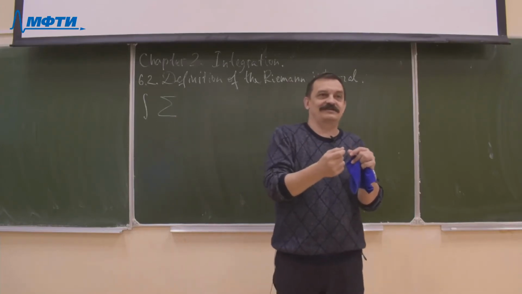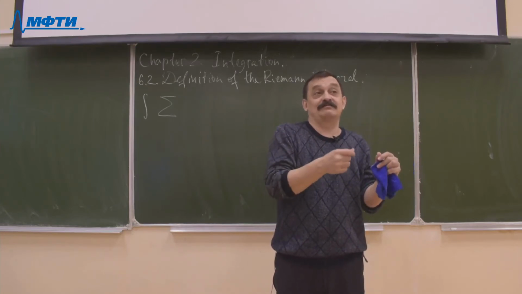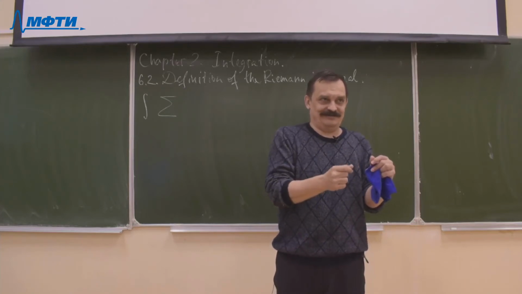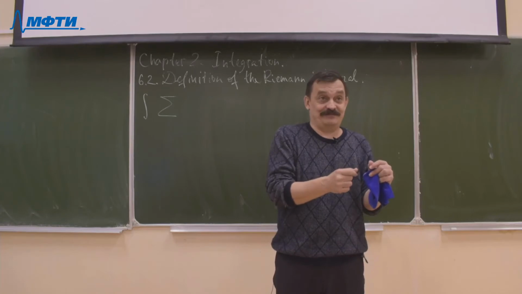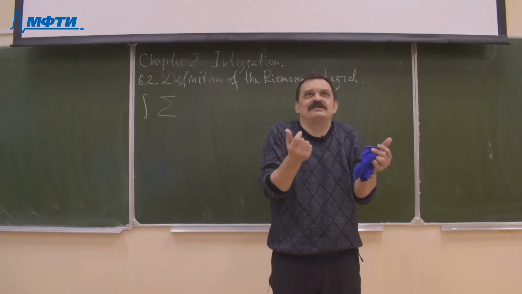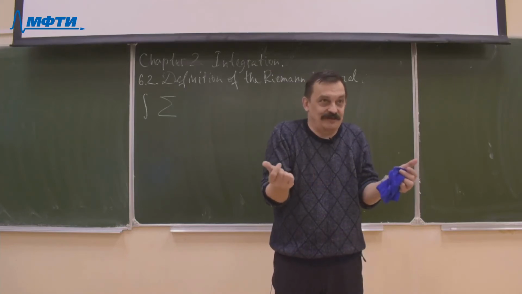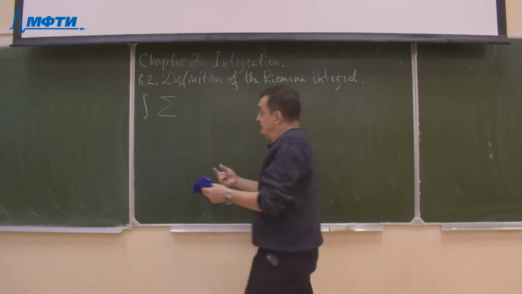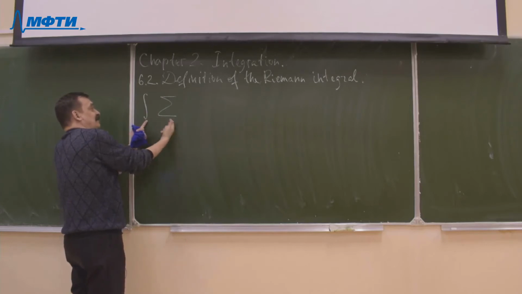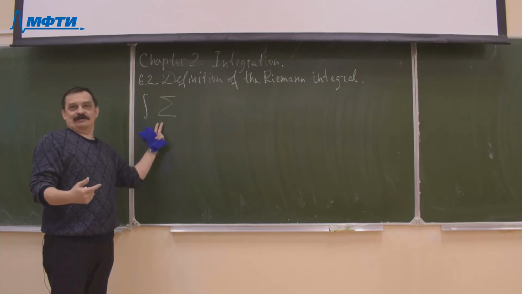It means you have infinitely many, not countably many, but uncountably many summands, uncountably many terms. Of course, it seems very strange. What does uncountably many terms mean? How can you sum them? And so those signs are related to each other. So this sign was generated by that one.